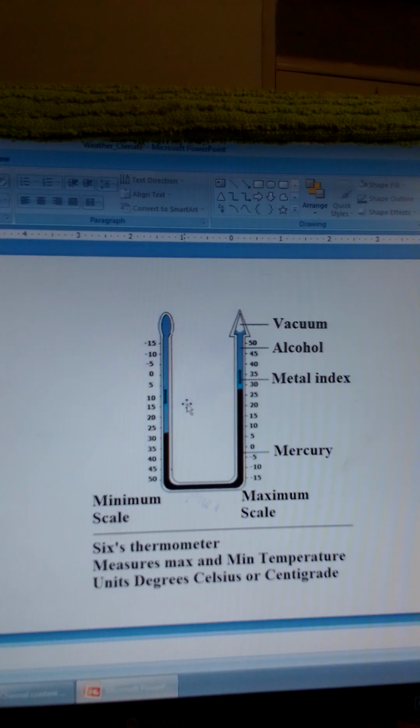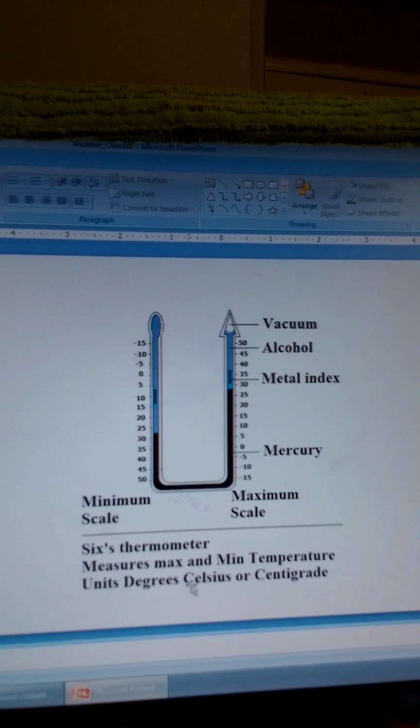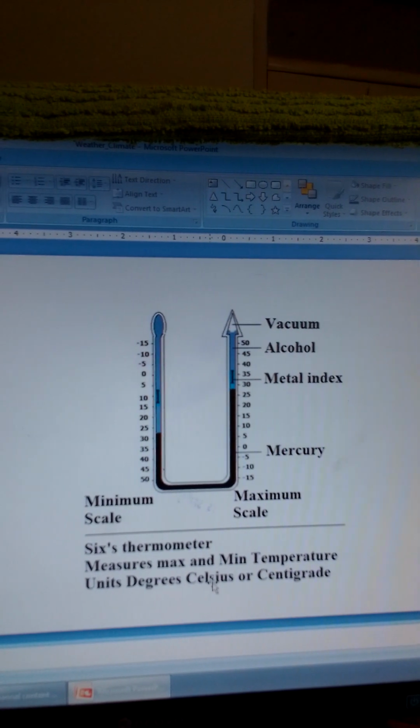And after we have made the reading, we can reset by using a magnet, which can be used to pull these metal indices to reset them. So we measure temperature using a thermometer, and in this case the units for temperature measurement are degrees Celsius or degrees centigrade.